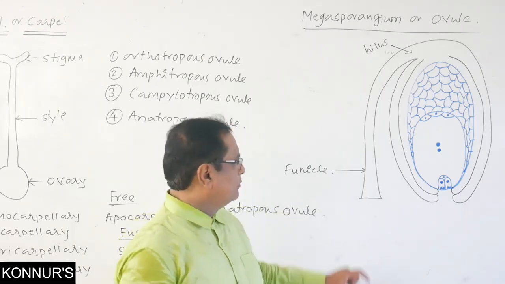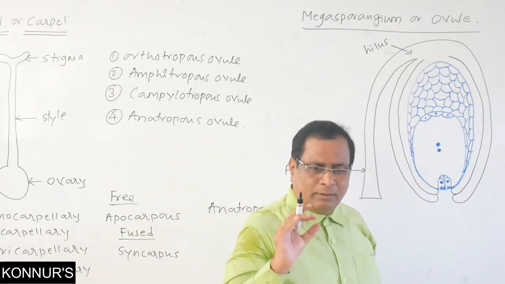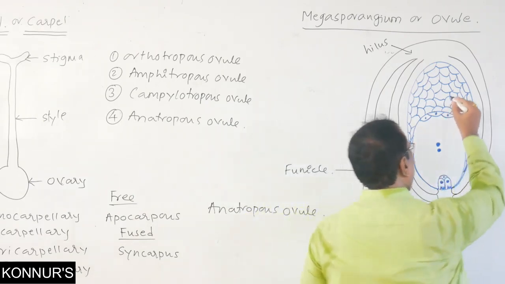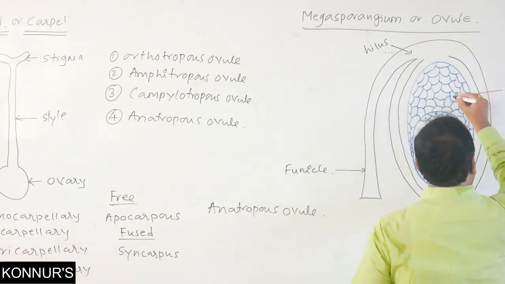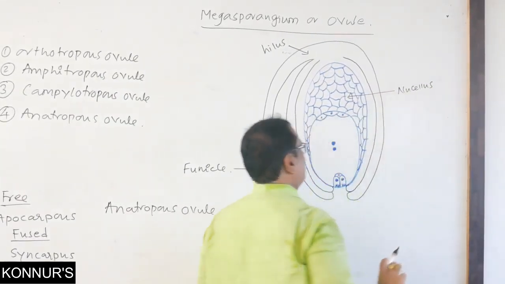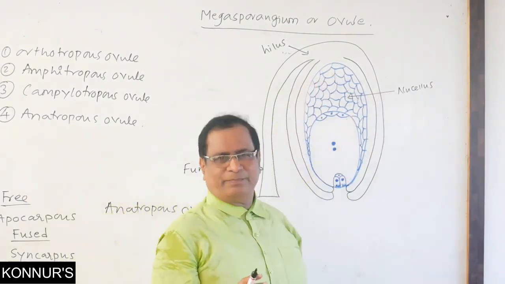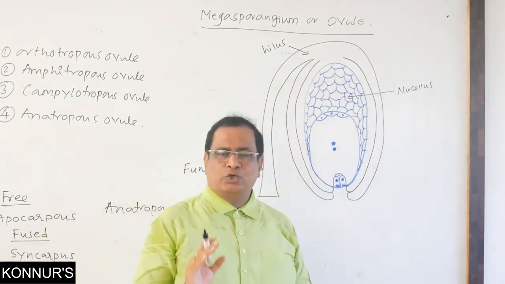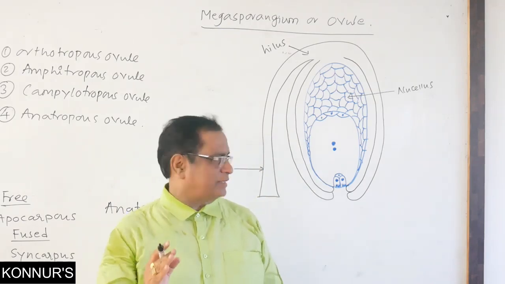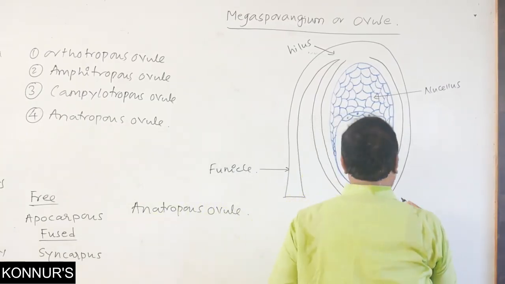And now, the ovule body at its internal position has a homogeneous tissue named nucellus. And this whole nucellus is covered by 2 coverings. Those coverings are named integuments.